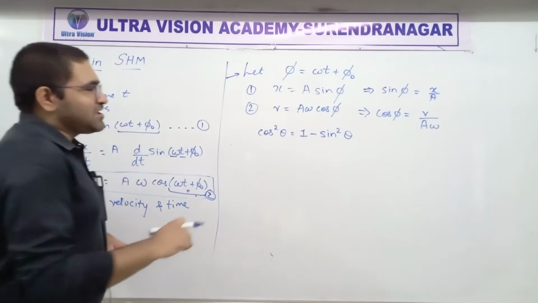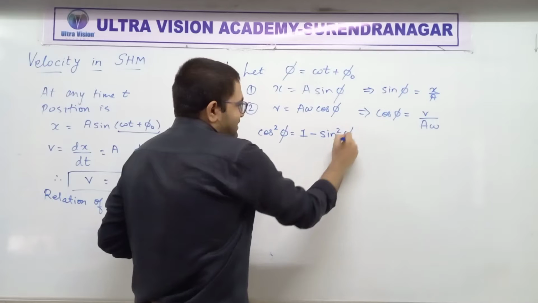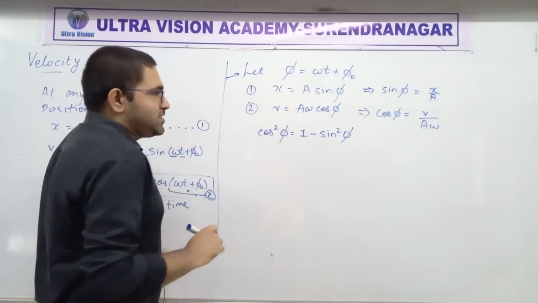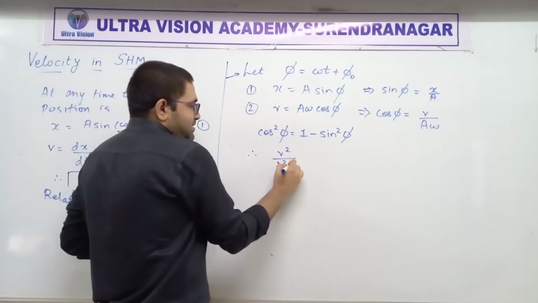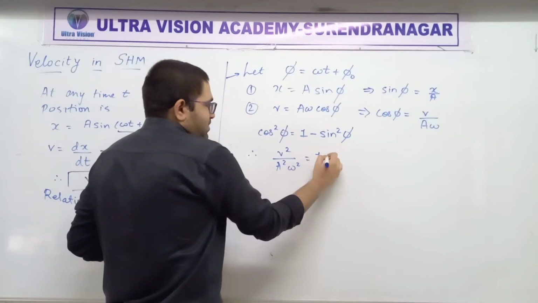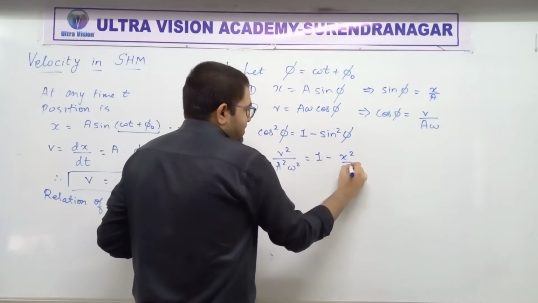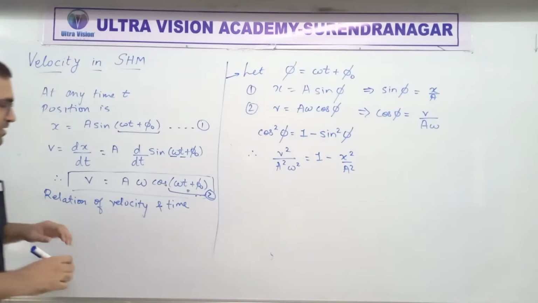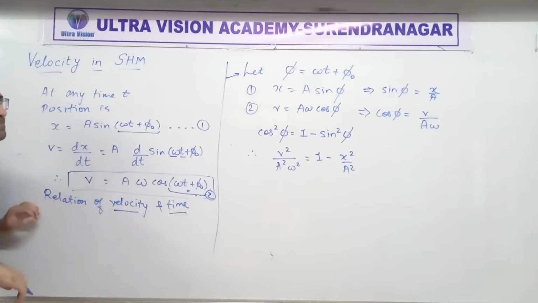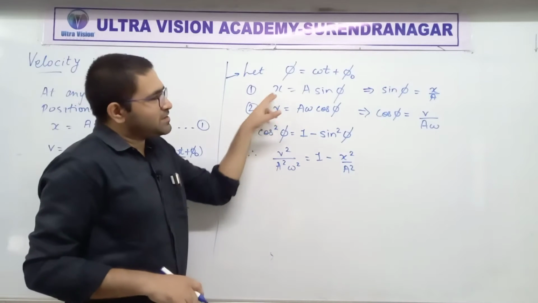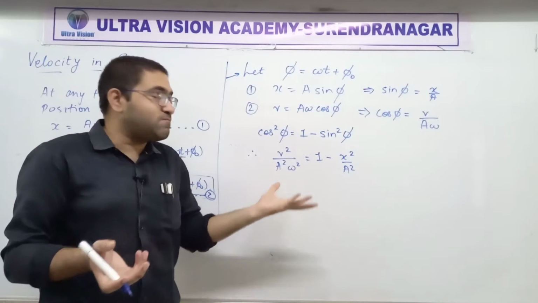Okay, so here instead of theta we have phi, no problem, doesn't change anything. Let's put these values. So cos square phi, v square upon a square omega square, is equal to 1 minus, instead of sin square phi, x square by a square. You see what I've done. Earlier we got a relation of velocity with time. But now by putting this equation in this form, I have removed t from here.